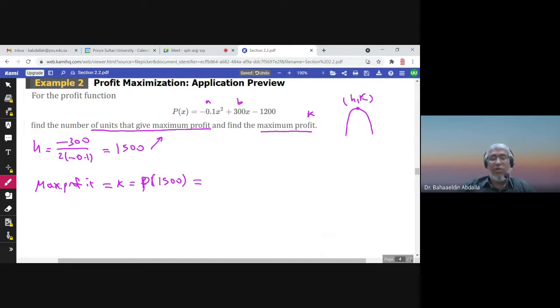So the maximum profit is 223,800 dollars, and it occurs when 1,500 units are produced and sold.